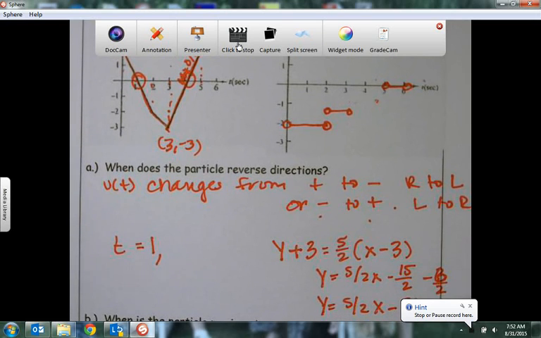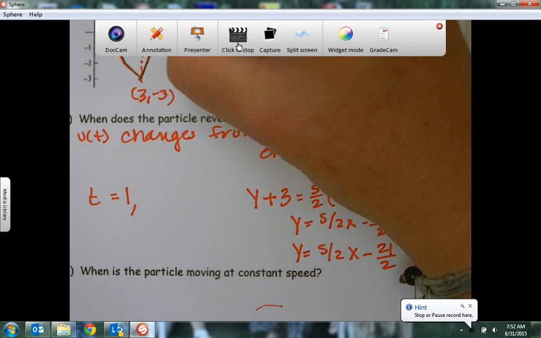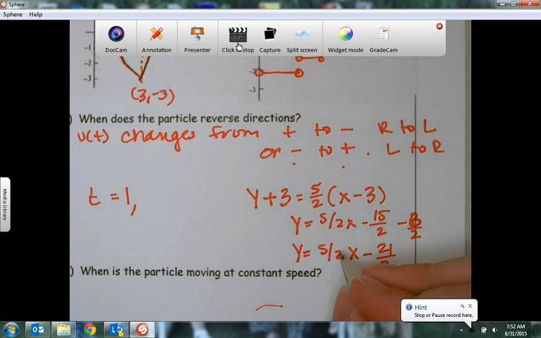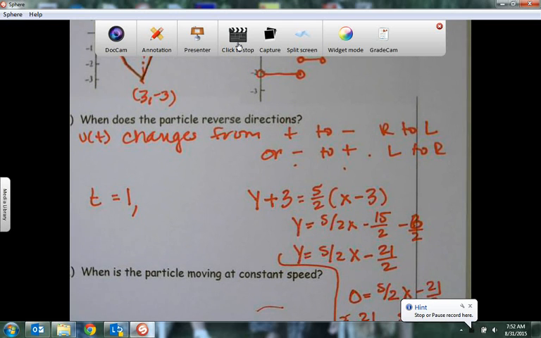Okay, so I want to know where that's going to be 0. Where's that x-intercept? So at 21/5, which is 4 1/5, which looks about appropriate.